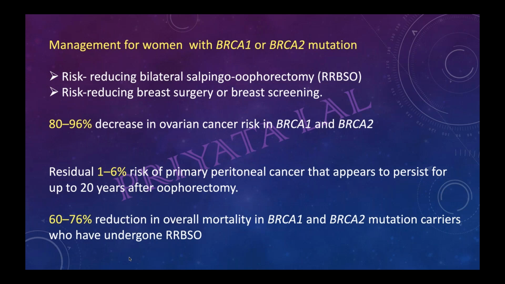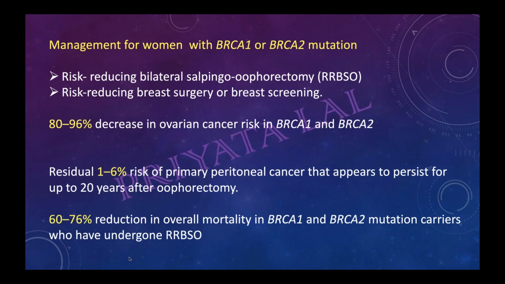You have to remember this part, both Part 2 people, because the question comes directly from this number, and Part 3 people, because there is a station where the patient wants to remove her ovaries. You have to tell this patient that even though we remove your ovaries, there is still a 1 to 6% chance of having cancer. It is not that all risk is removed. So this number is important for both of you.